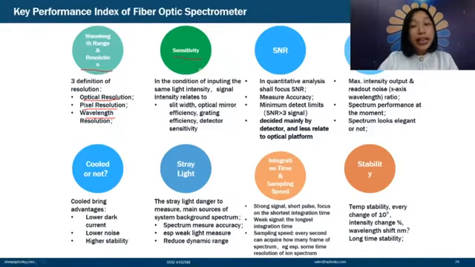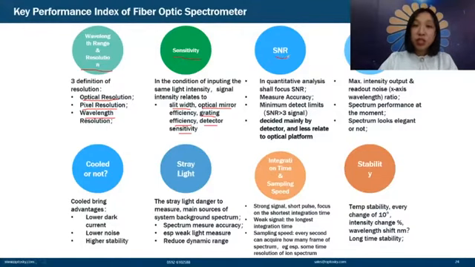Under the condition of the same input light intensity, signal intensity relating to the slit size can decide the sensitivity, and optical mirror efficiency decides the sensitivity. Grating efficiency decides the sensitivity, and the detector's sensitivity decides it too. So spectrometer sensitivity is a very important factor.